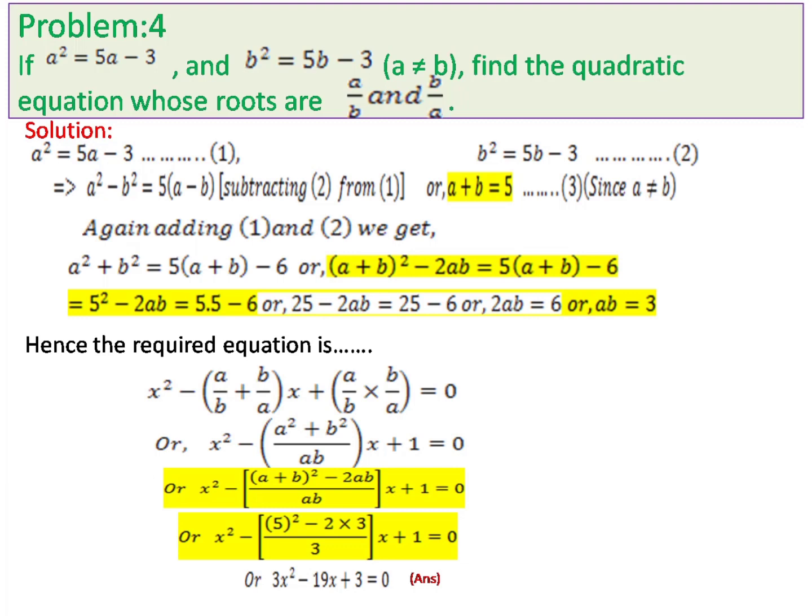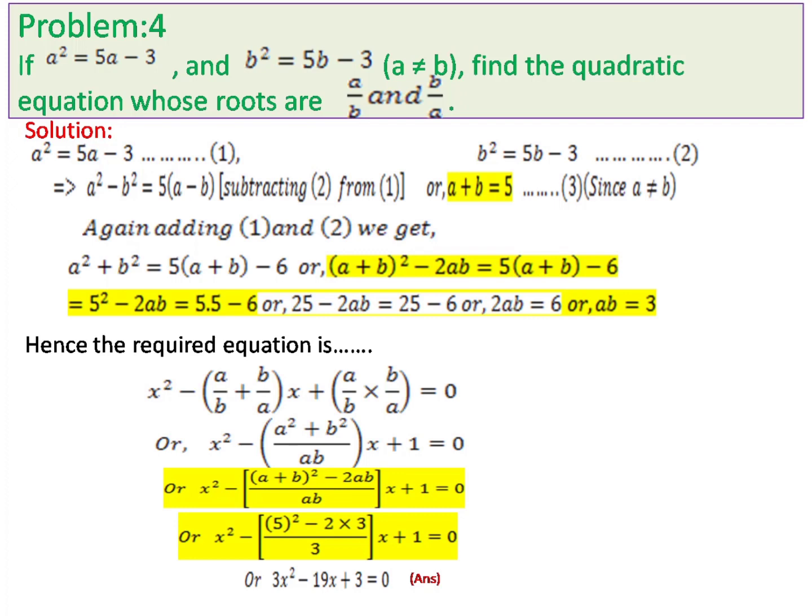Hence the required equation is, I am just directly putting the sum and the product in that equation, so we can write x square minus a by b plus b by a into x plus a by b into b by a equals 0.